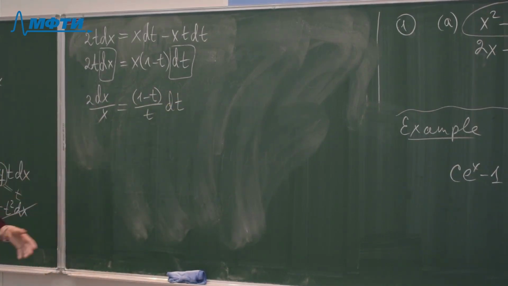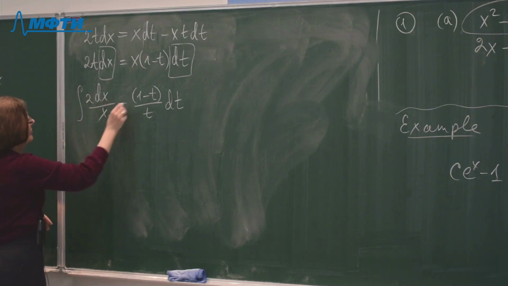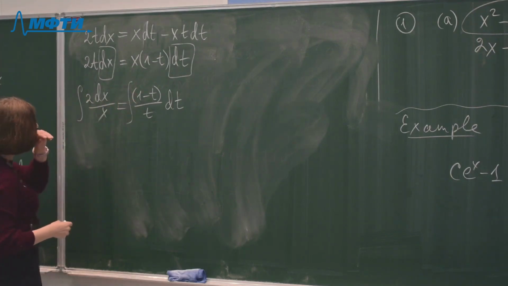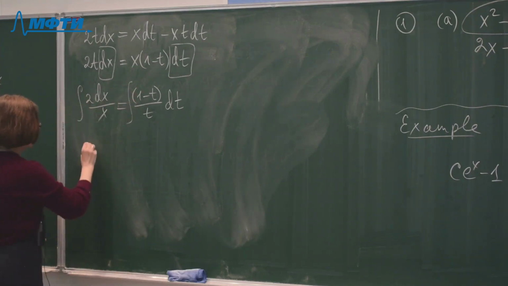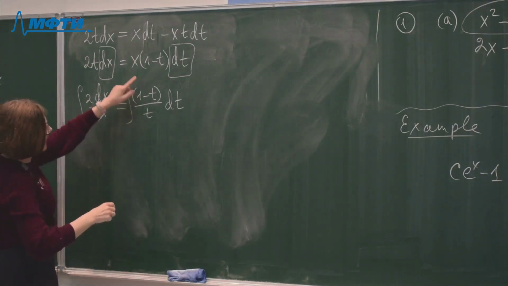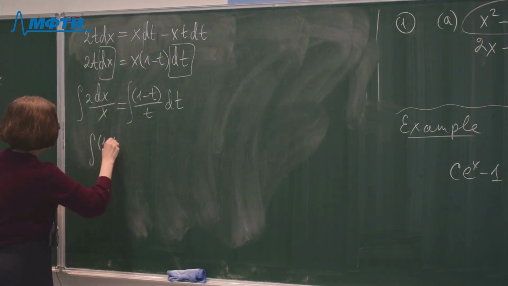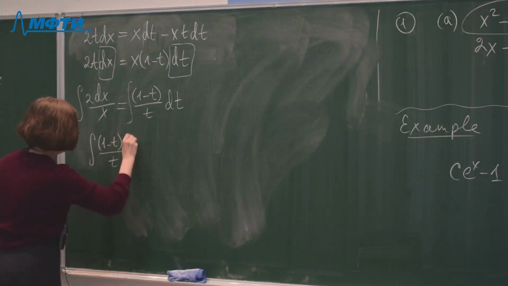So we have separated variables, and now our goal is to integrate. Let's integrate. Okay, so let's start with this integral. The integral of (1 minus t) over t dt.